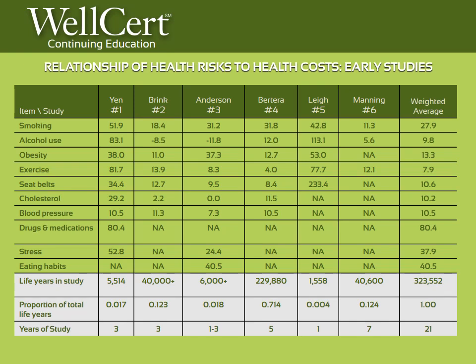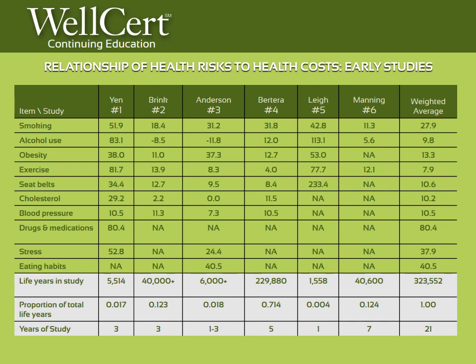that each of these issues, whether you smoke or not, whether you use alcohol or abuse alcohol, whether you're obese, whether you exercise, whether you don't wear seat belts, whether you have a cholesterol reading that's elevated or a blood pressure that's elevated, whether you're using drugs and medications as a general rule, your stress levels, and your eating habits.